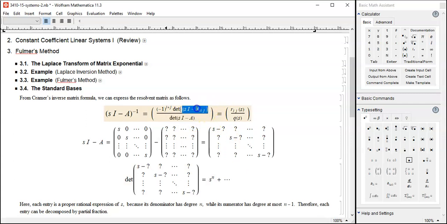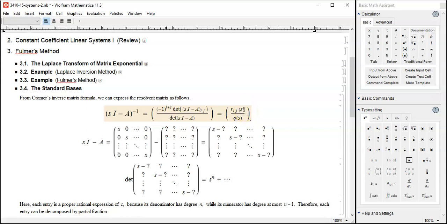And the numerator will be similar, except that this one is going to go up to, at most, n minus first degree. Because we are dealing with a deleted matrix, so we've removed one row, one column. So this one is n minus first degree, and this one is nth degree. And then there may be some additions or something in the numerator, so some simplification. But in any case, this cannot go up. This is degree n.